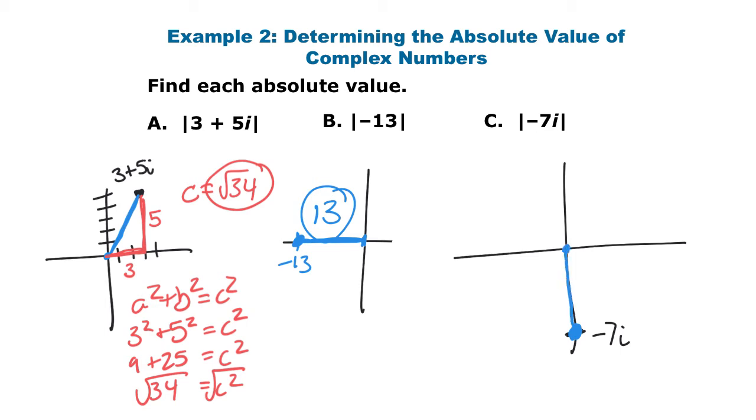Well, the distance from the origin to there is just 7, so that's the absolute value of negative 7i. So just keep remembering that absolute value is going to be the distance from the origin to your number. If it's an angle, you're going to have to use the Pythagorean theorem like we did in a. If it's just a straight line, you can just look at that distance.